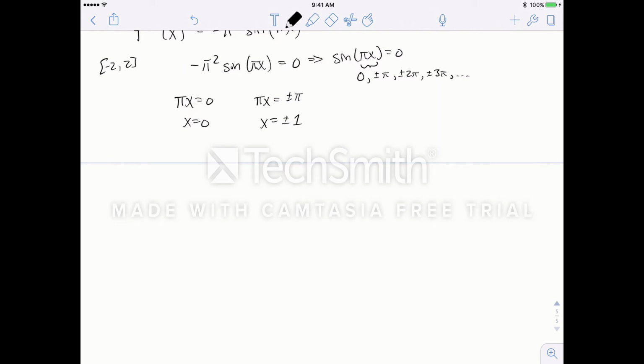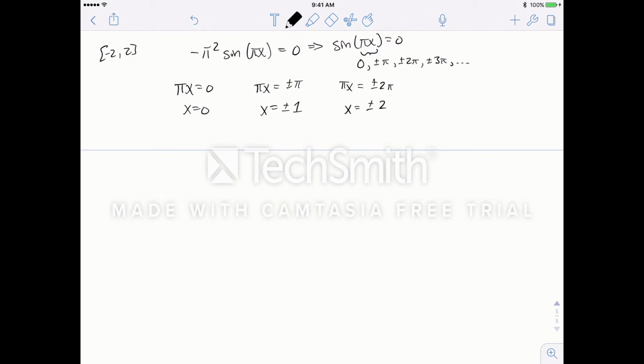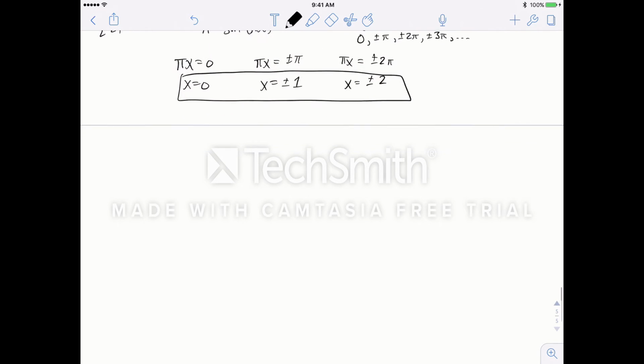That's in our interval. And pi x is equal to plus minus 2 pi, so x equals plus minus 2. Anything greater than that, 3 pi, 4 pi, 5 pi, will all be outside of our interval. So these are the places we need to look at.